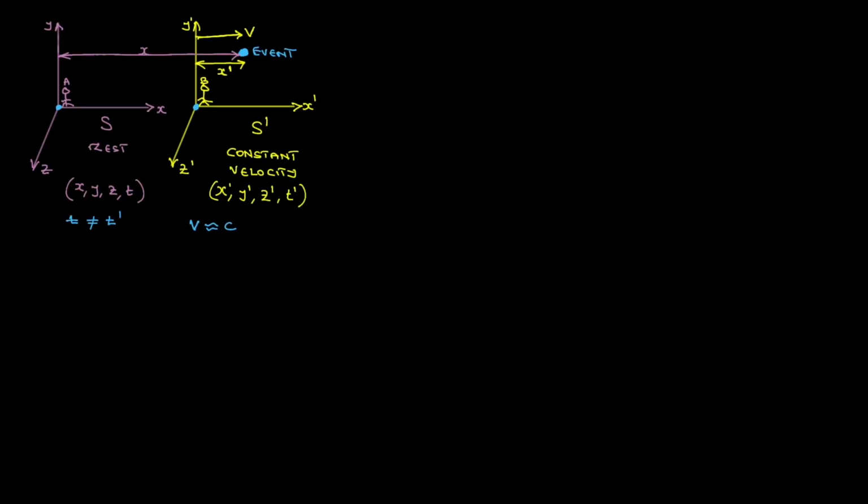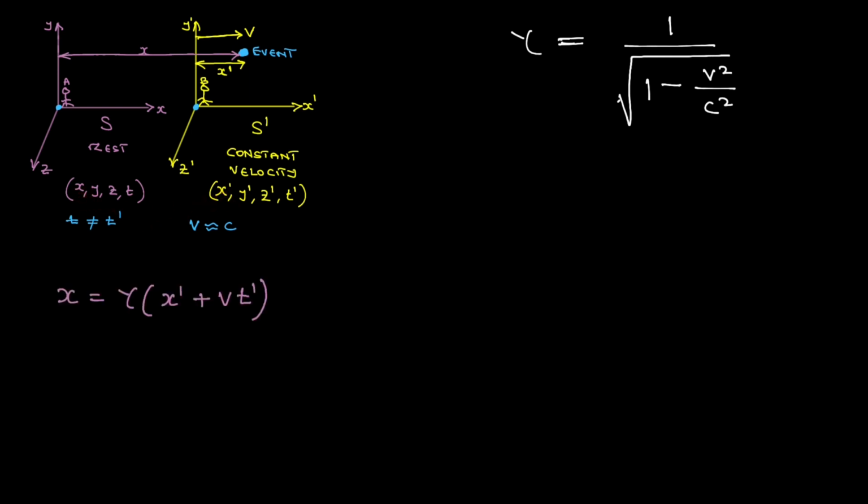Lorentz transformation from s to s prime, if we start with knowing gamma, because we found gamma, we can then transform x to x prime by using x equals gamma (x prime plus v t prime), where y is y prime and z is z prime because there's no translation in both y and z, and t equals gamma (t prime plus x prime v over c squared). This is the reverse transformation for time. This is the reverse Lorentz transformation, and that's the reverse Lorentz transformation.